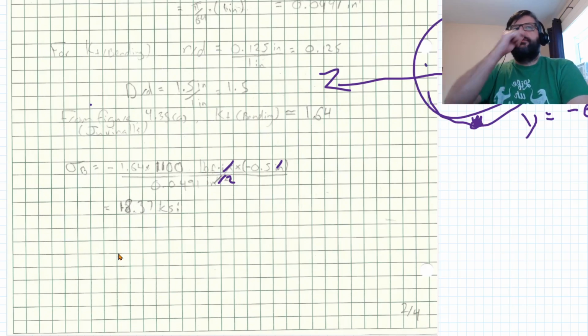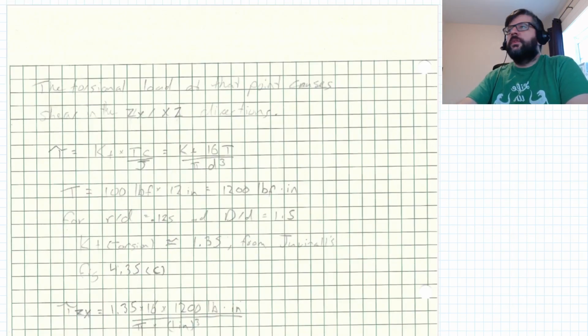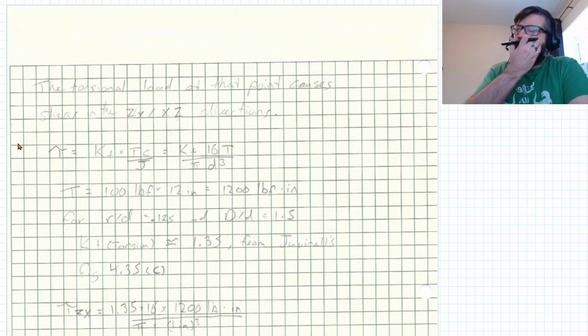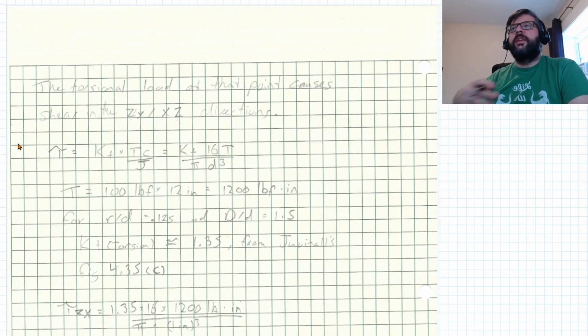The torsional load is going to be shear, obviously. Torsion causes shear, and at that point it's going to be shear in the ZX, XZ directions. So we're looking at the cross section on the X face.